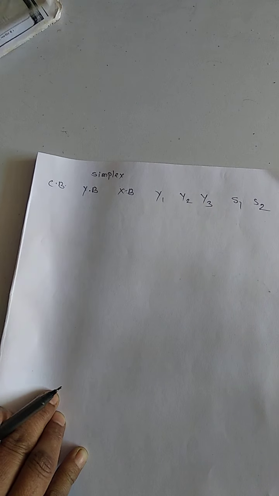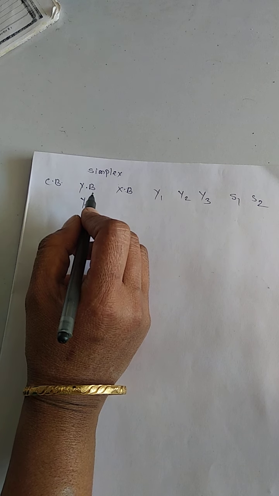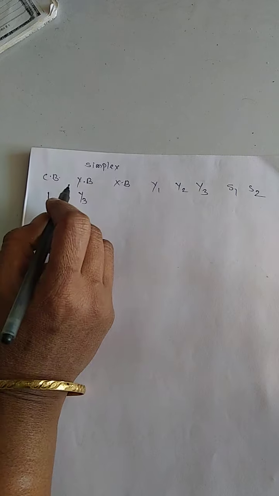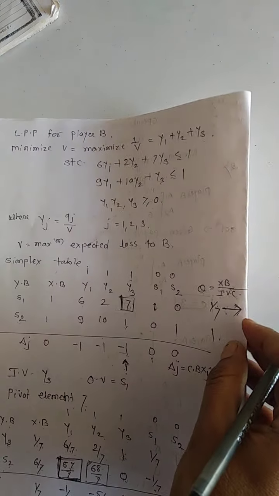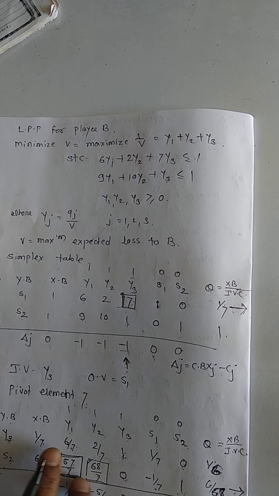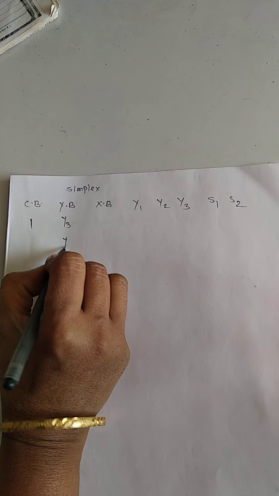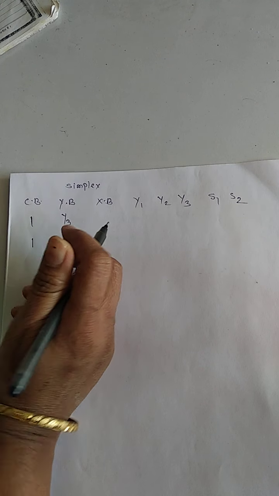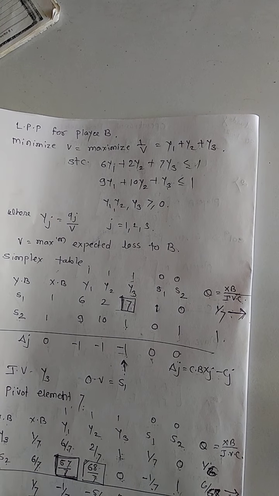And here first incoming Y3, and Y3 value in this equation is 1, and here the second element is incoming vector is Y1, and value of Y1 is again basic equation is 1. And divide this second row by 7 by 57.